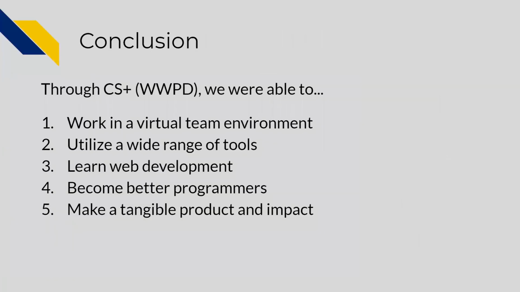So in conclusion, through CS Plus, What Will Python Do, our project, we were able to work in a virtual team environment through Microsoft Teams and Zoom, utilize a wide range of tools that we outlined earlier, learn web development, become better programmers through communication with our mentor and Professor Dr. KSM, and also finally make a tangible product and impact by creating this website, making this website better that will be used across all CS 101 students or even more students in the future.